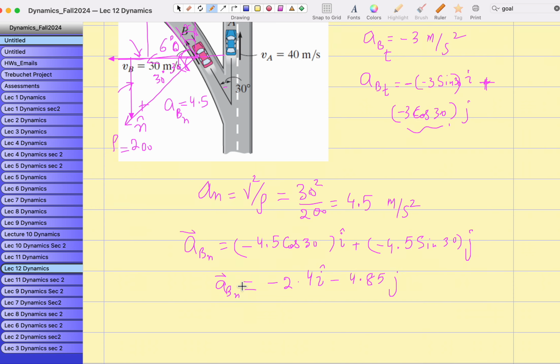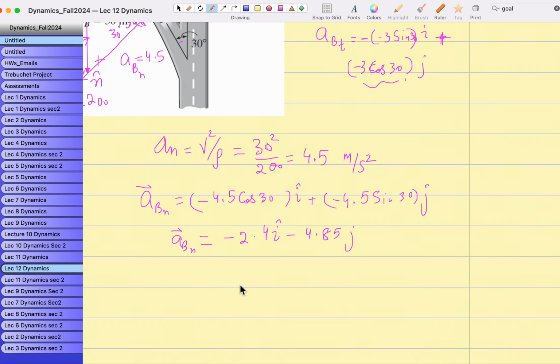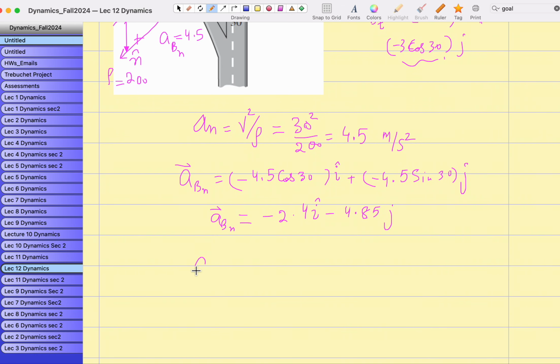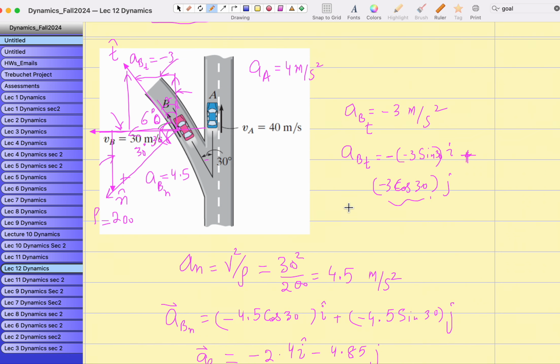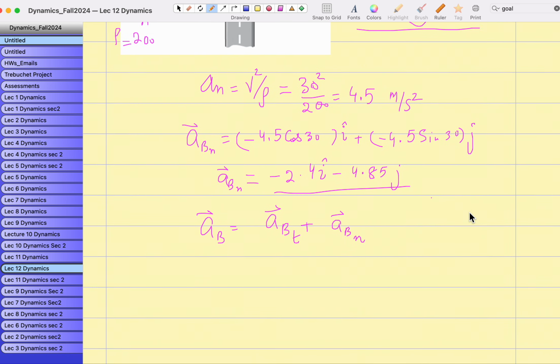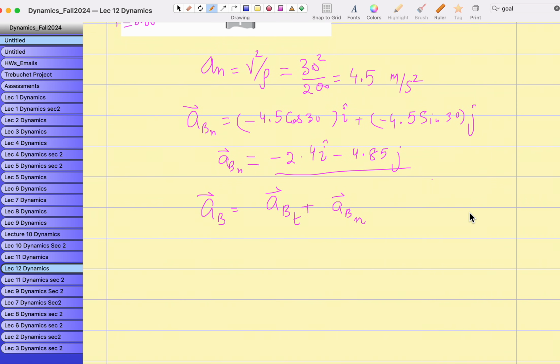After you solve for this, then you have found acceleration B. Acceleration B is the sum of acceleration B tangential component and acceleration B normal component. So this is a normal component and this is the tangential component. So you have to add these corresponding components.